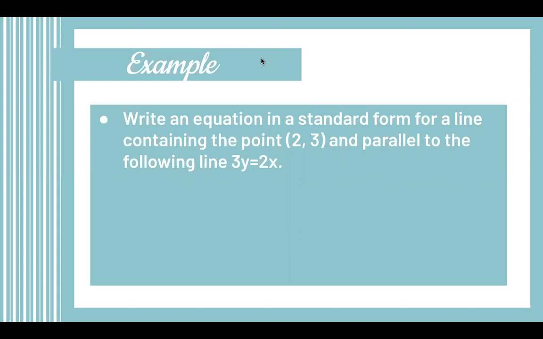And so we can just put it in standard form, so we'll have 2x minus 3y equals 0.